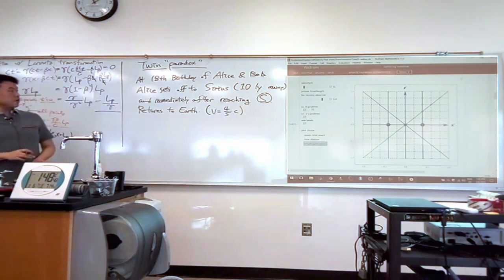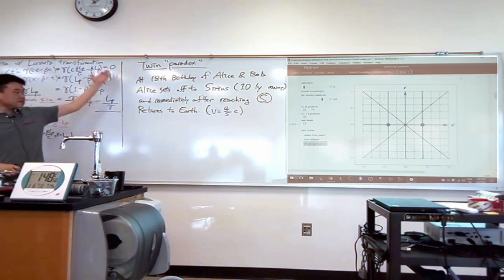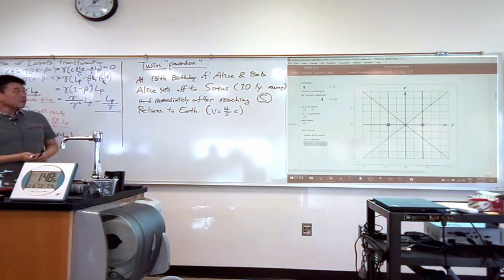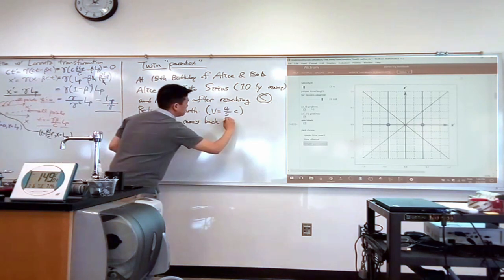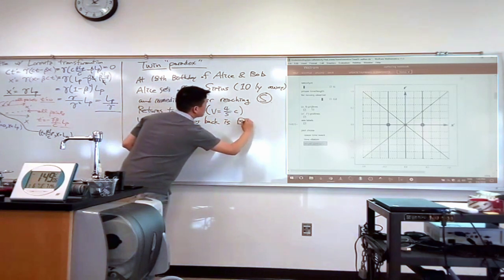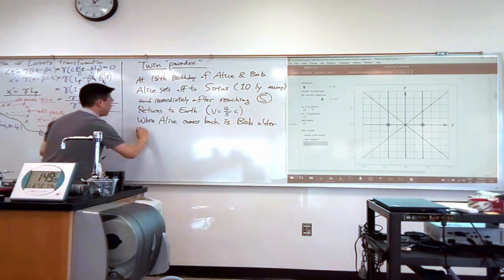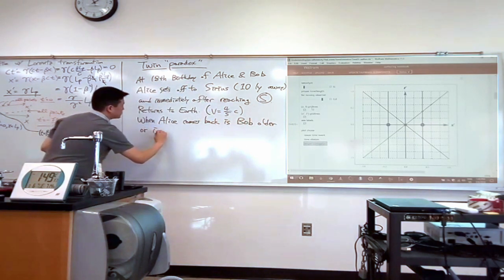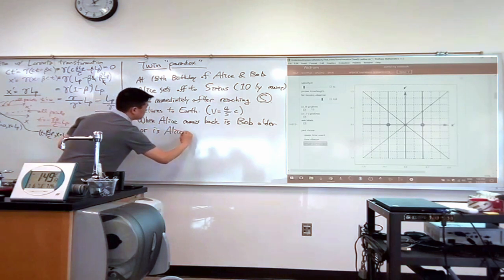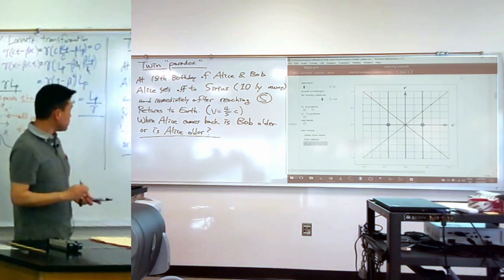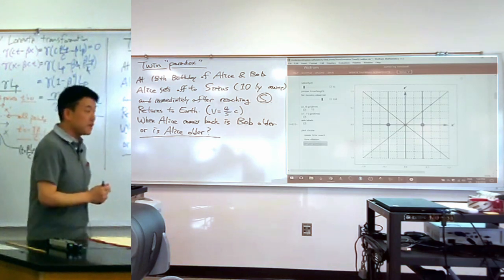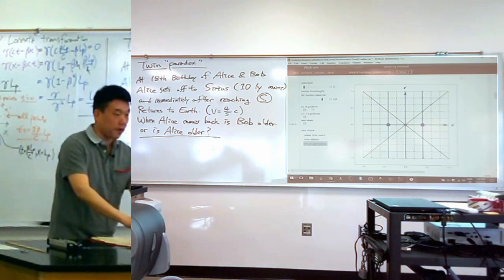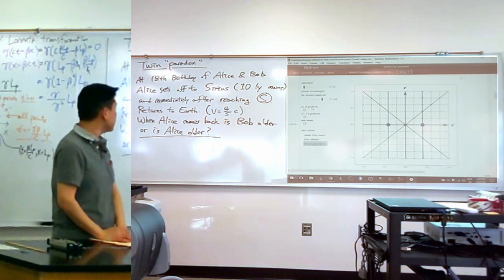So this is the question. When Alice comes back, who's older? Is Bob older or is Alice older? Let me have you consider this question for maybe a minute, and I will poll the class on which one people thought should be the case.